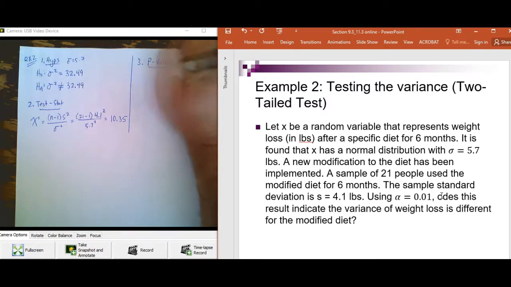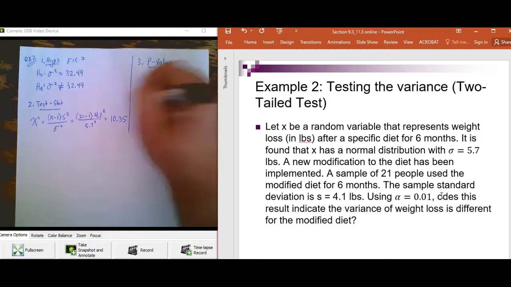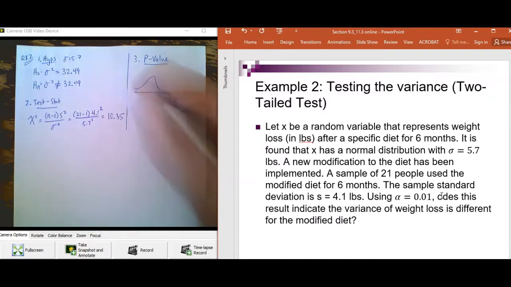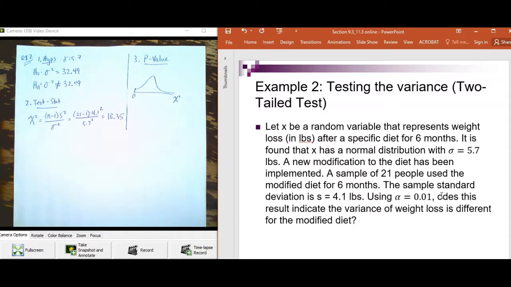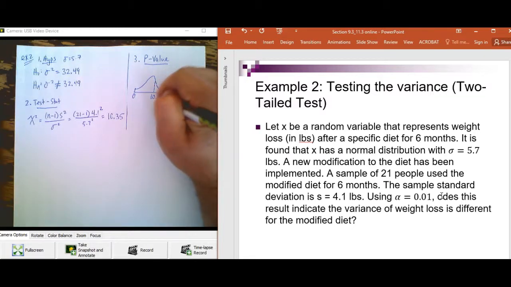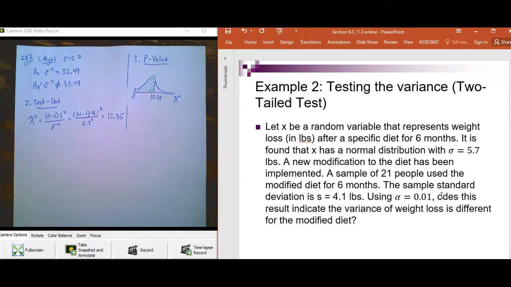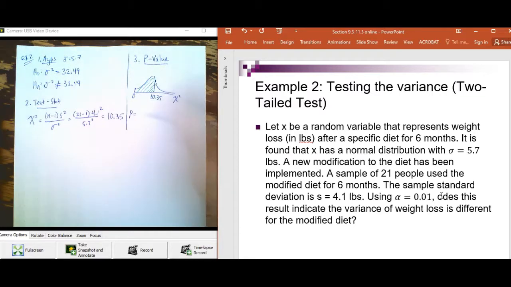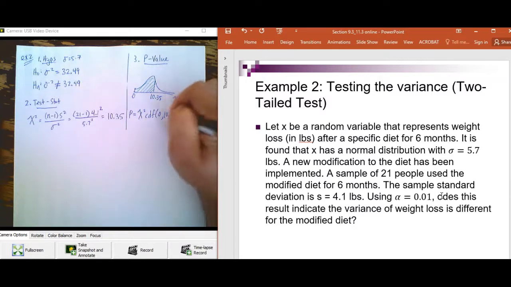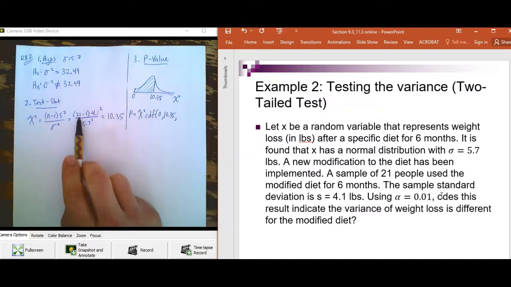Next up, our p-value. Let's draw a distribution where this is chi-square, so it's a skewed right distribution with 0 at one end. So 10.35 is here. We're looking for this area. So our p-value is chi-square CDF, 0 to 10.35, with how many degrees of freedom? 20.